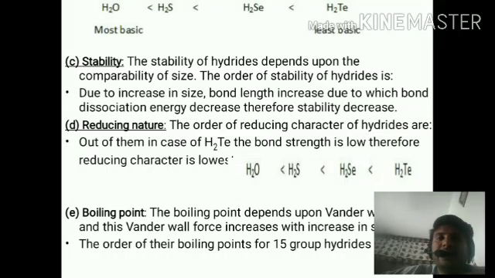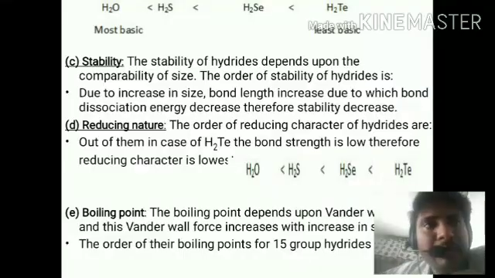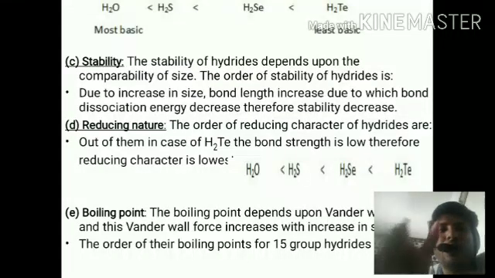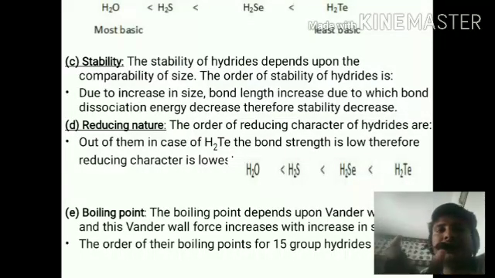So a compound like H2O is small in size, so it has a short bond length and the highest bond dissociation energy, so it has the highest stability. But H2Te has a long bond length, so it needs a low amount of energy, low bond dissociation energy. That's why H2Te is the least stable.